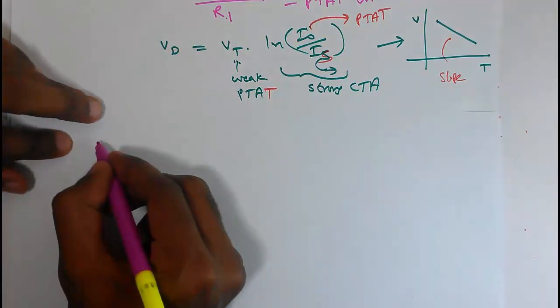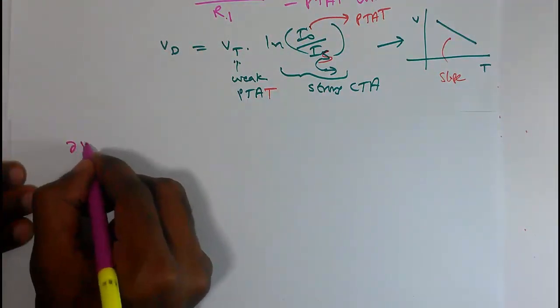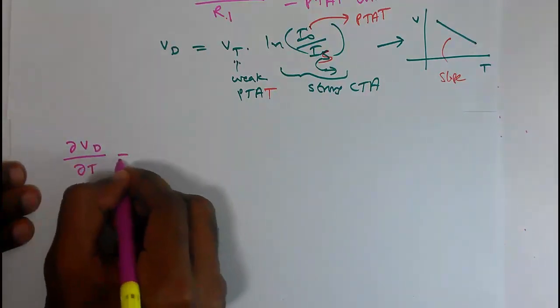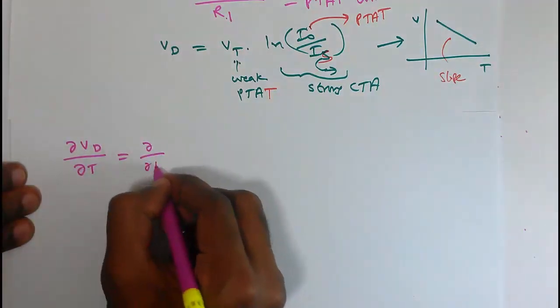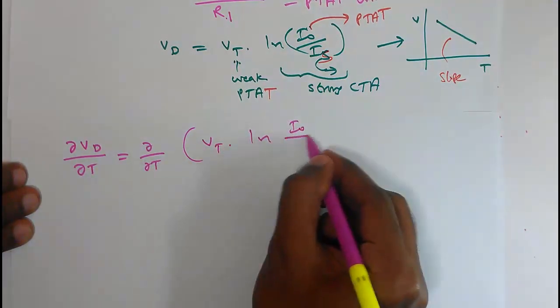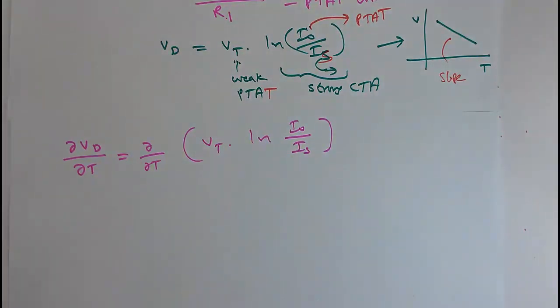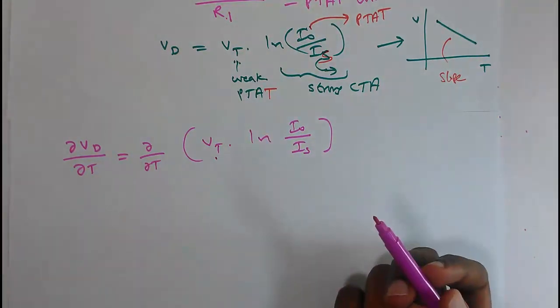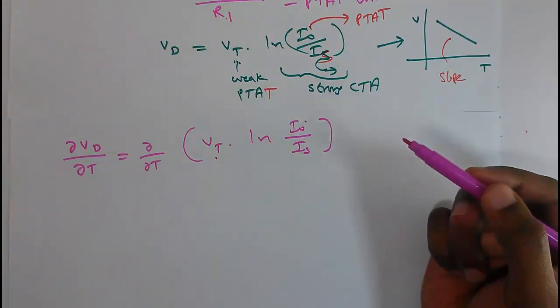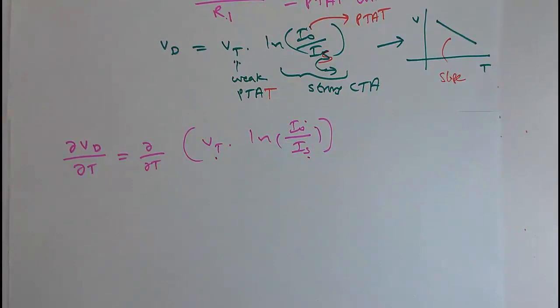So ∂Vd/∂t equals ∂/∂t of Vt into ln(I0/Is). Here Vt is dependent on temperature, I0 is also dependent on temperature, Is is also dependent on temperature. So the differentiation will be a little bit complicated.